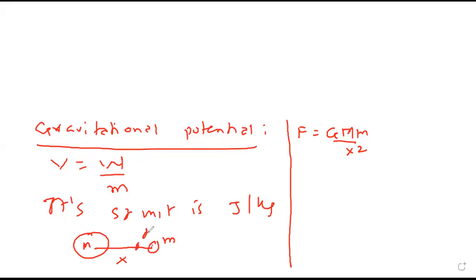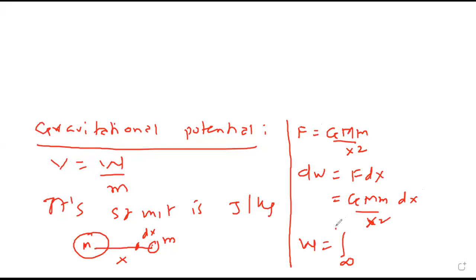If this body is moved by distance dx, then small work done is force into displacement, which will be GMm upon x square into dx. So total work done to bring it from infinity to any point at distance r will be work done W by integration, that is equals to integration of GMm upon x square dx.